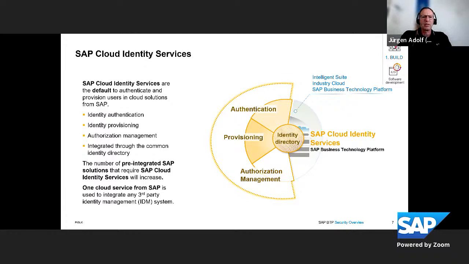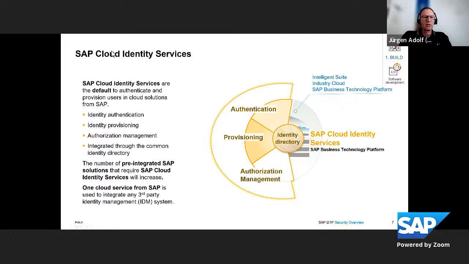In addition to authentication, SAP Cloud Identity Services also offer identity provisioning functionality. This means you can efficiently manage the onboarding and offboarding of users, granting them the appropriate access rights based on their roles and responsibilities. And by centralizing the identity provisioning process, you can streamline user management and enhance security across your applications.